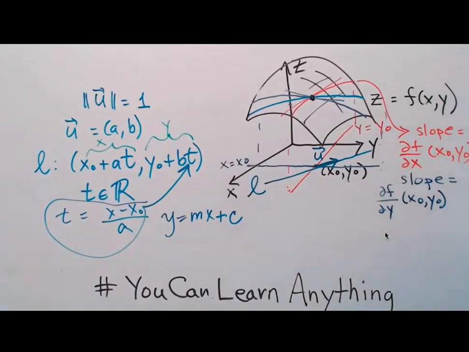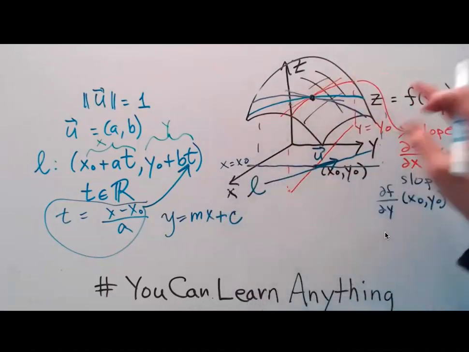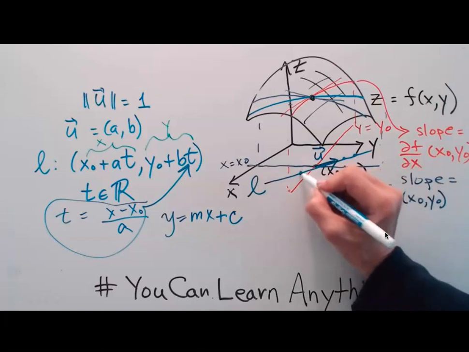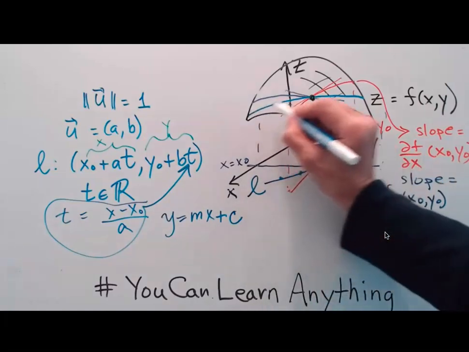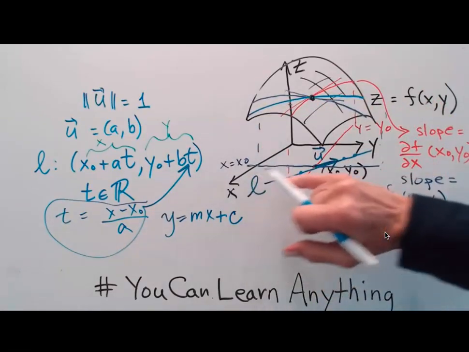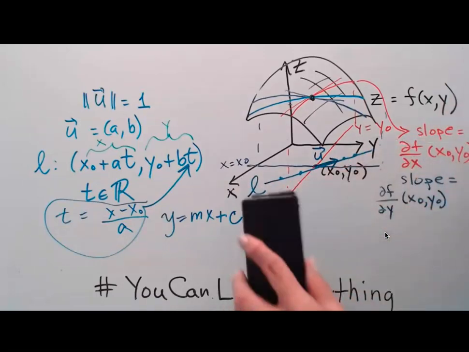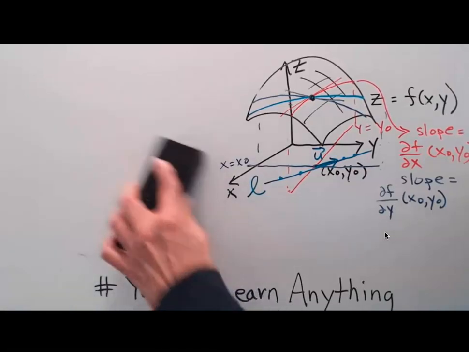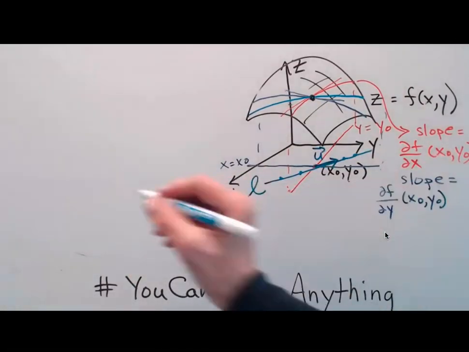Well, now we want to figure out how to find this derivative. Well, let's think about that. Each value of t gives us a point here. And here's our function f, computed only at the points along that line. So let's see what that looks like. We have the variable t.